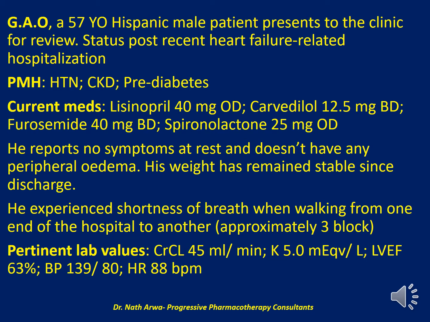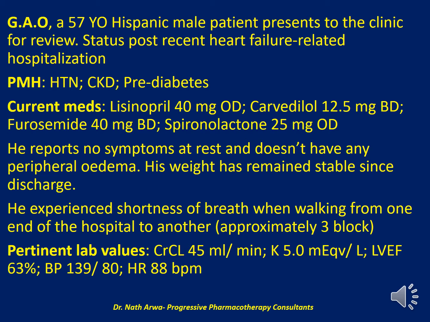This patient reports no symptoms while at rest, and he doesn't have any peripheral edema, so the heart is not doing badly. His weight has remained stable since discharge. He experienced shortness of breath when walking from one end of the hospital to another.